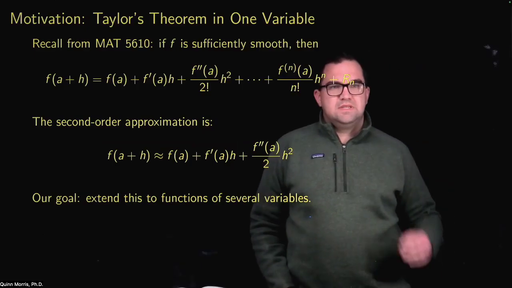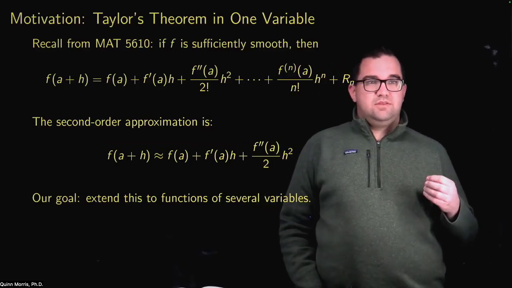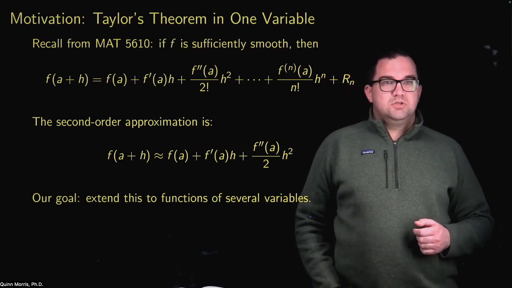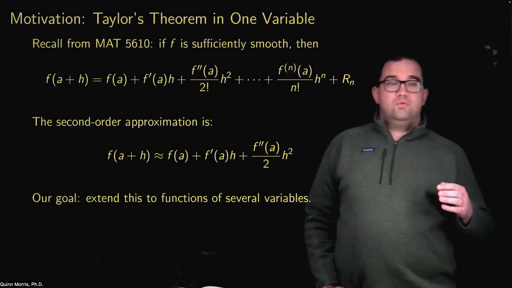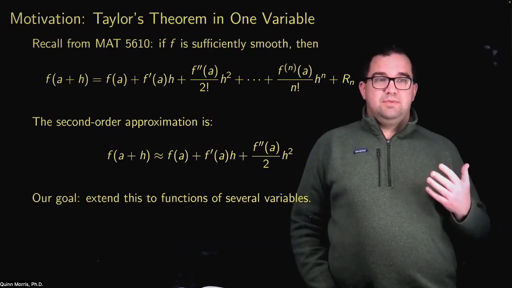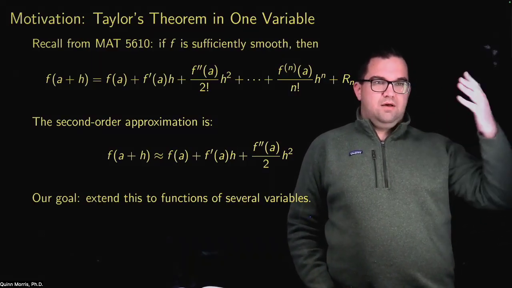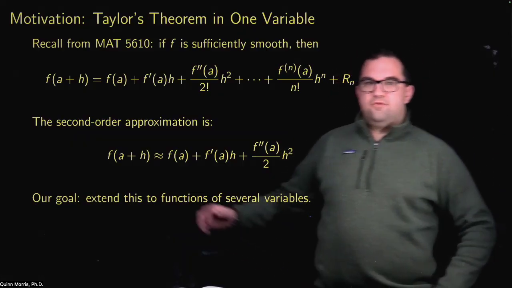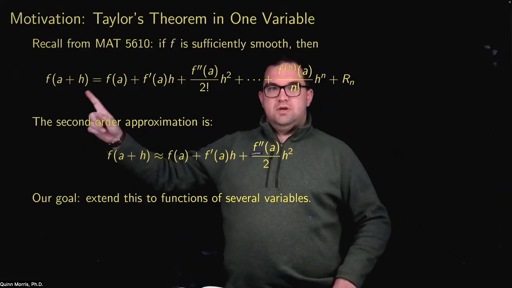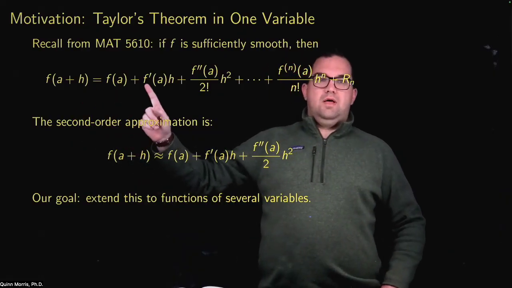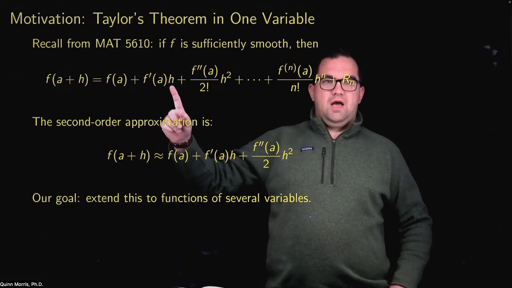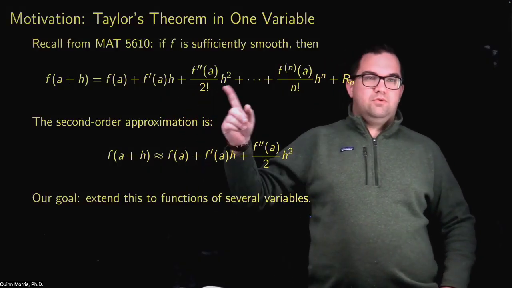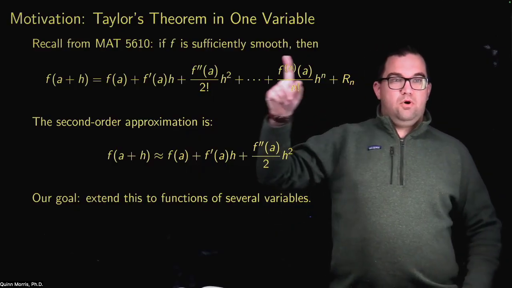So to begin, I want us to think back to the versions of Taylor's theorem that we saw in Math 5610. If you'll recall, if we take a function f which is sufficiently smooth, that is simply to say that its derivatives of as many orders as you need exist, then we can write f of a plus h as f of a plus f prime of a times h plus f double prime of a over 2 factorial times h squared, and so on.